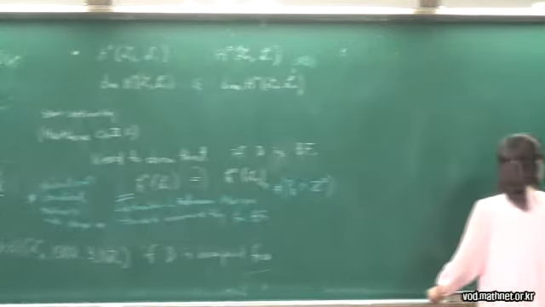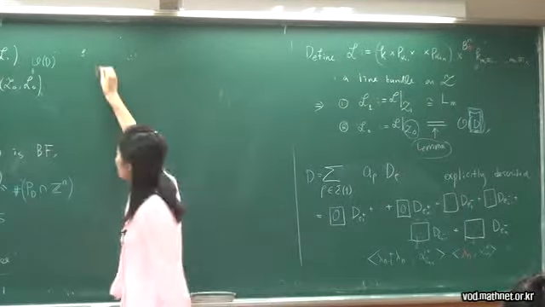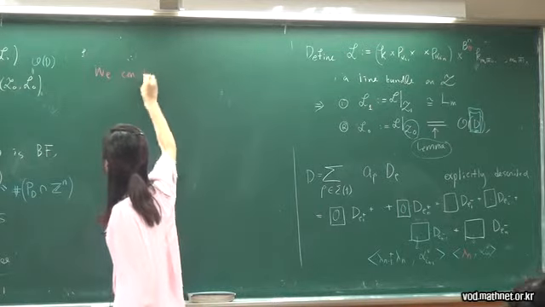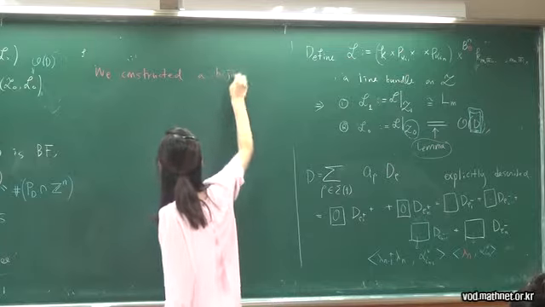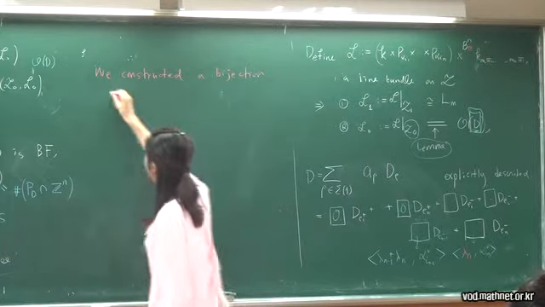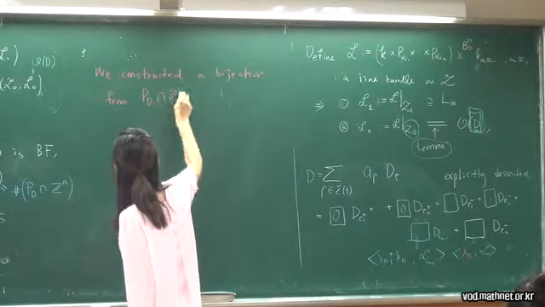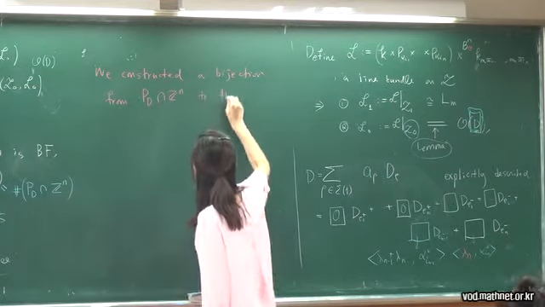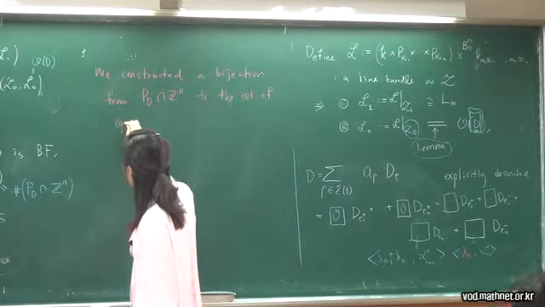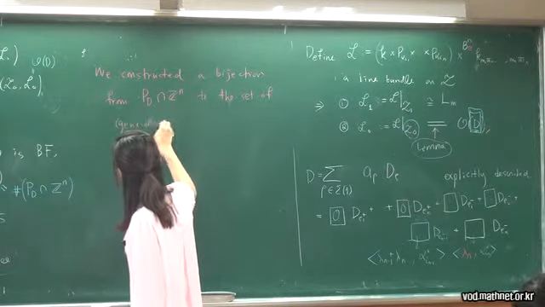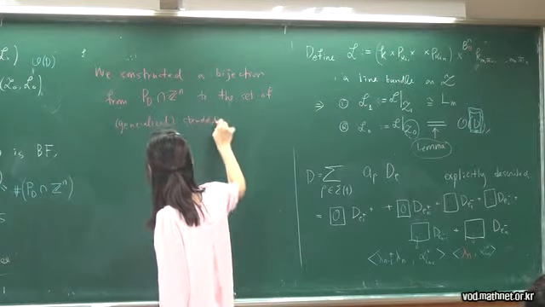So what we did is that we constructed a bijection from P_D ∩ Z^n to the set of the generalized standard tableau.